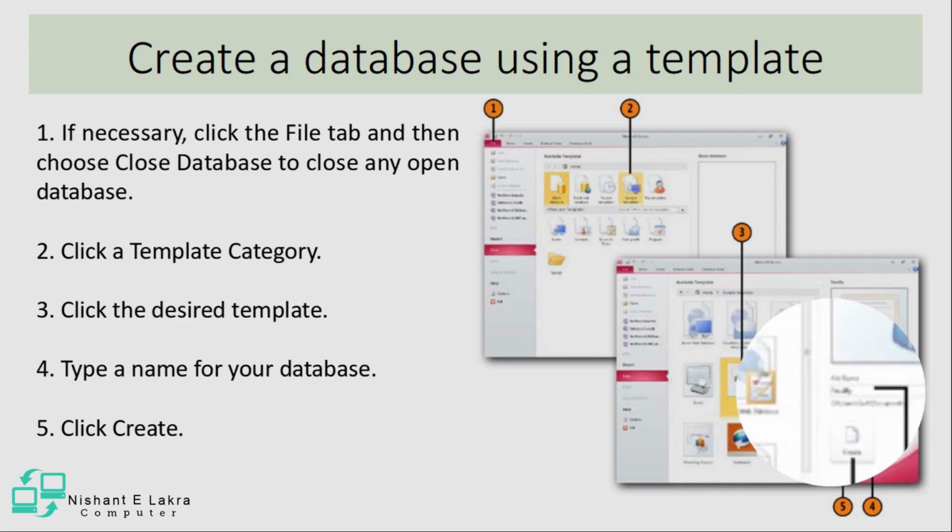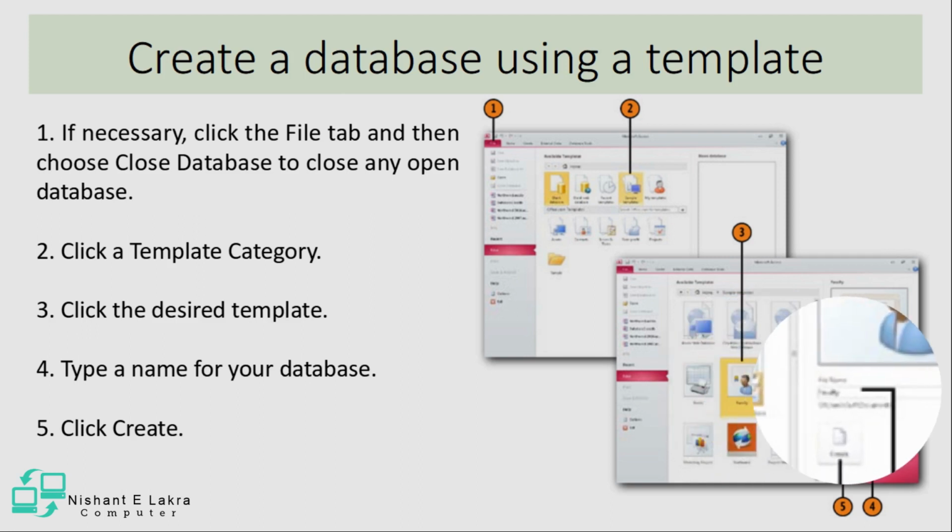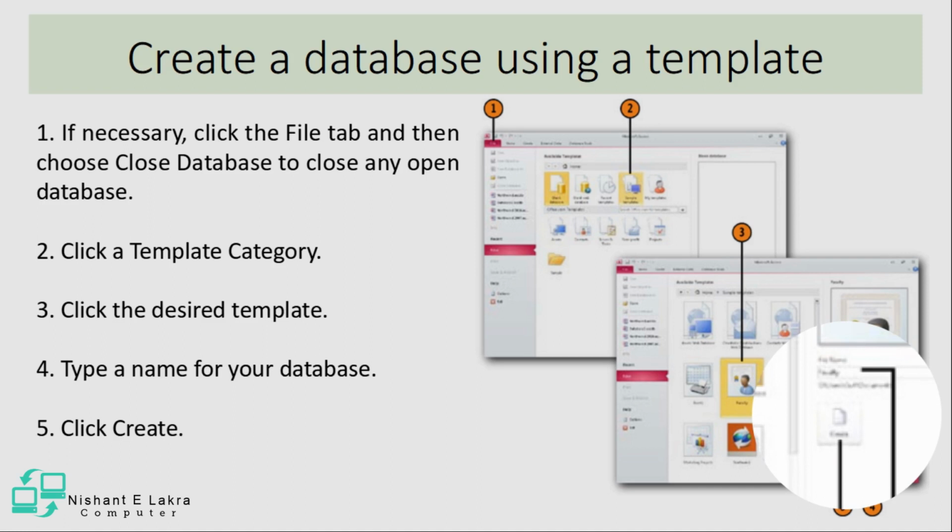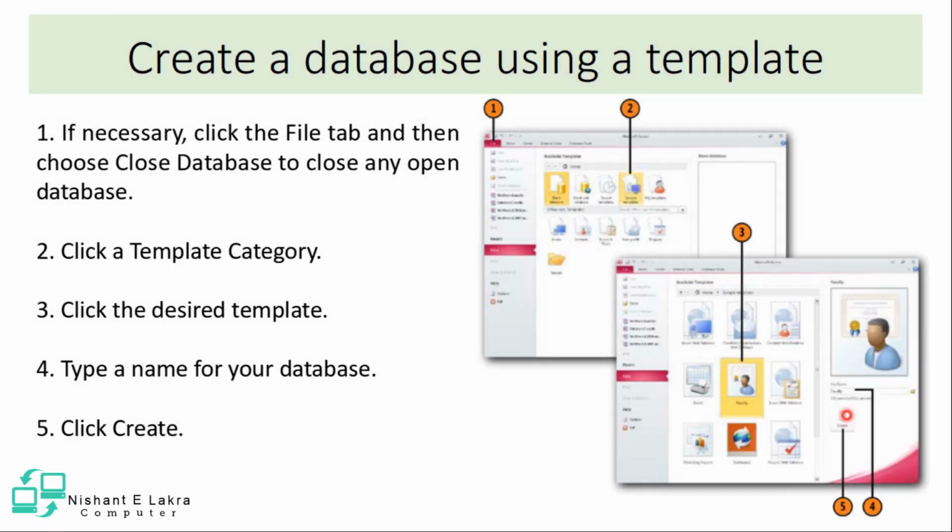Then you have to type the name of your database over here, and after that you have to click on Create. And after you have clicked on Create, you have created a database using a template.